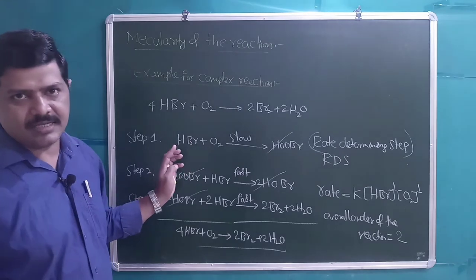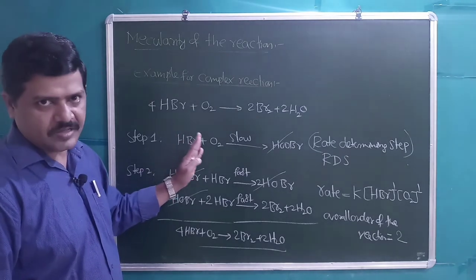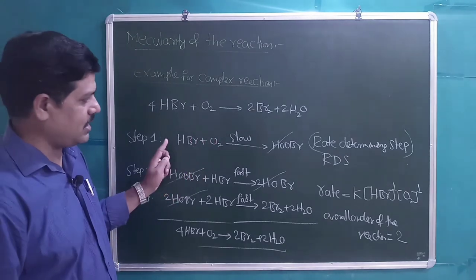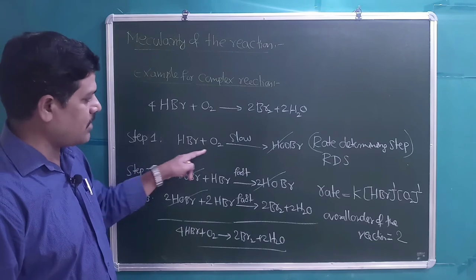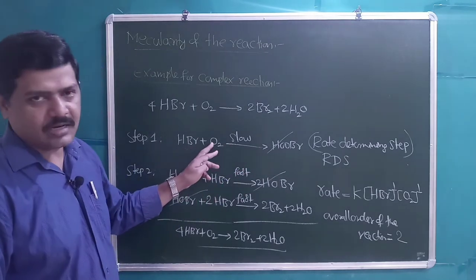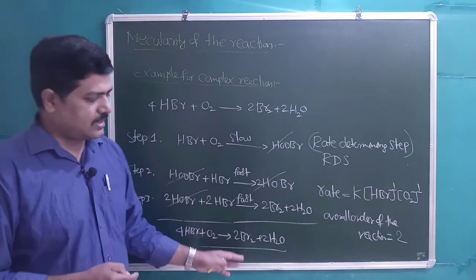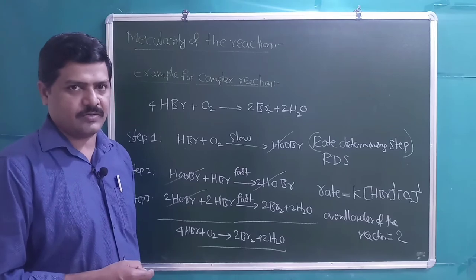Generally molecularity is defined only for elementary reactions, not for non-elementary. But in the case of non-elementary reactions, the number of molecules involved in the RDS is taken as the molecularity of the reaction. Students, let us discuss the differences between order and molecularity now.